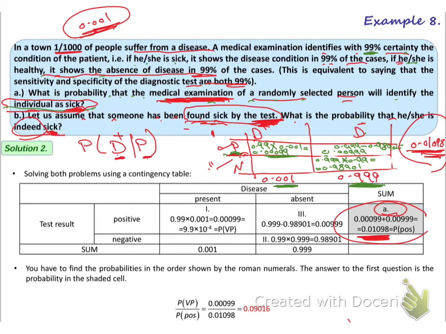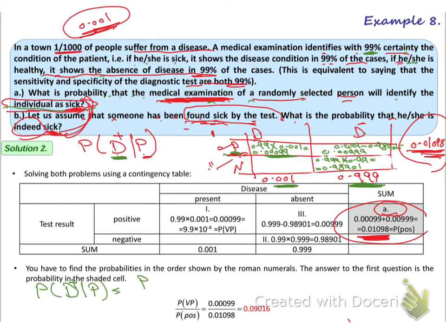It is a little confusing because the word sick is repeated here and there, but this is the way you can understand, because he already gave it to you that he tested positive already, okay? So here, what is the probability of having the disease given that he is positive? So probability of disease given that he is positive, okay?